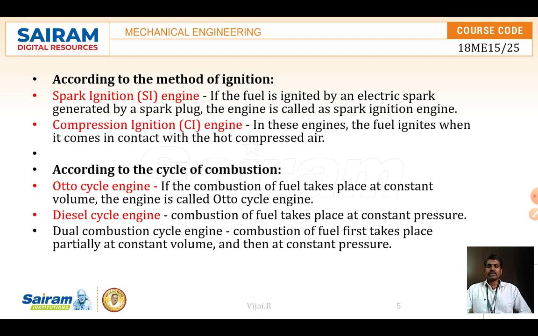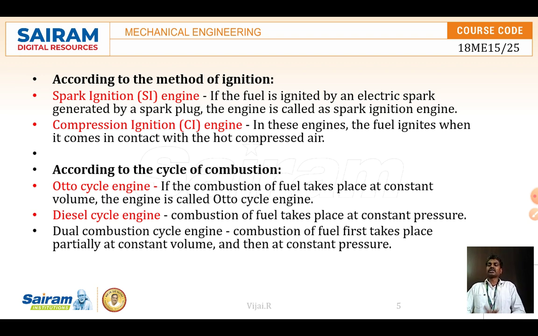Here spark ignition is where the fuel is ignited by producing an electrical spark, by a spark plug which is attached in the head of the cylinder. So it's called spark ignition. During the compression stage, the spark is produced by the spark plug so that the fuel is going to burn.